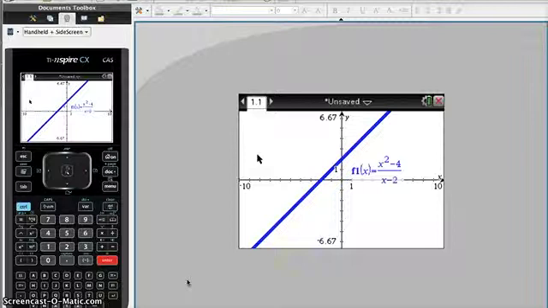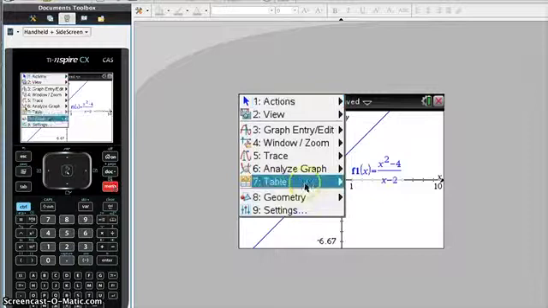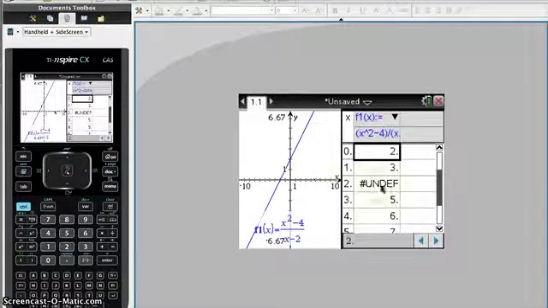Now be aware that your calculator does not plot the open circle, or the hole. However, it will show up in your table. Remember to turn on your table. You may press Control T or Menu, number 7 for table, split screen table.